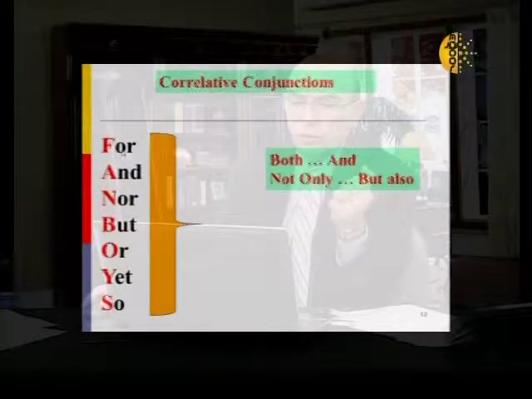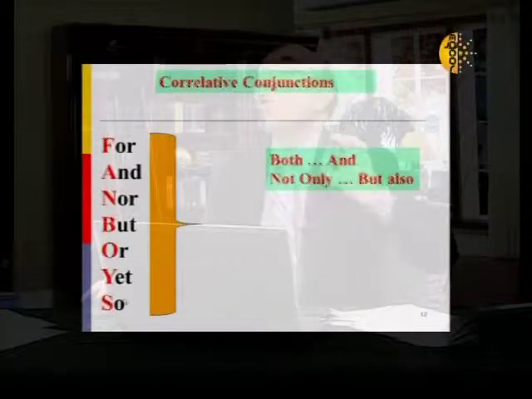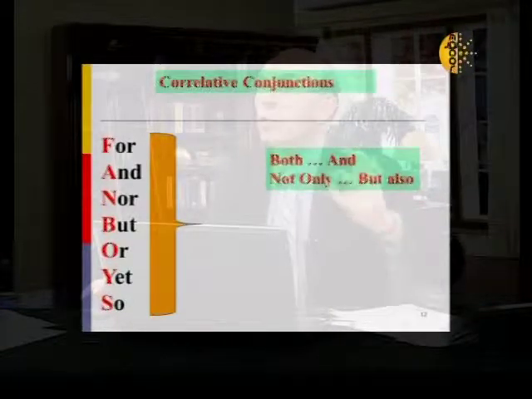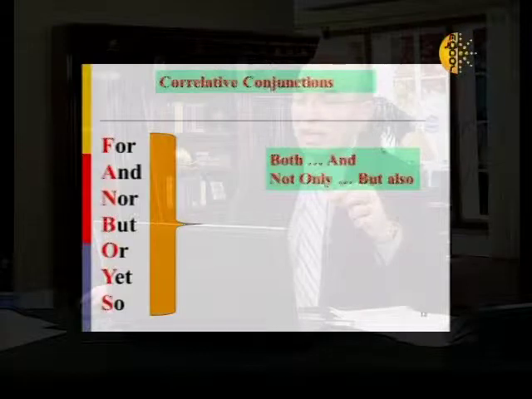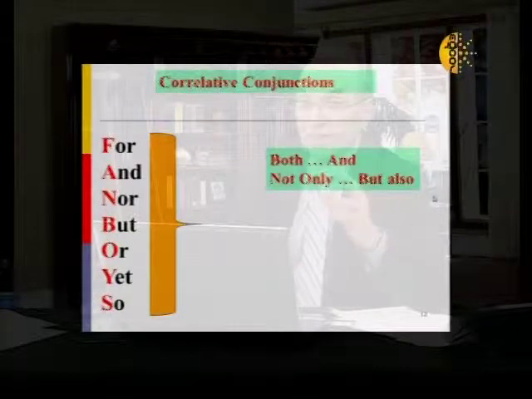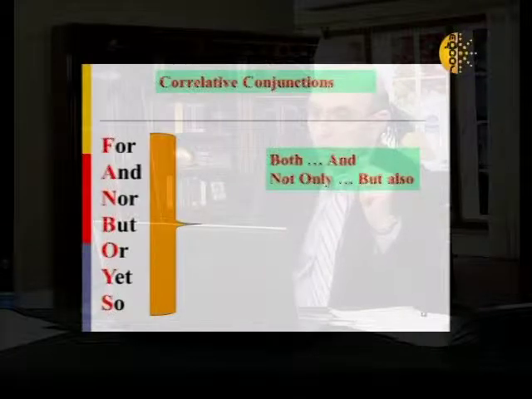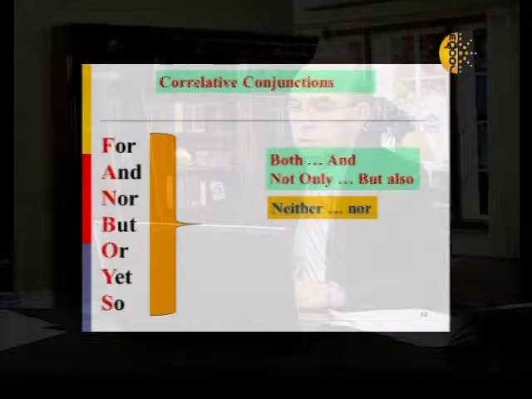While these words for, and, nor, but, or, yet, so could each be used all by themselves, and don't need another one, these ones, like both and, you have to use both of them. Not only, but also. They come in pairs. You do the same thing. You connect phrases or sentences or parts of speech.